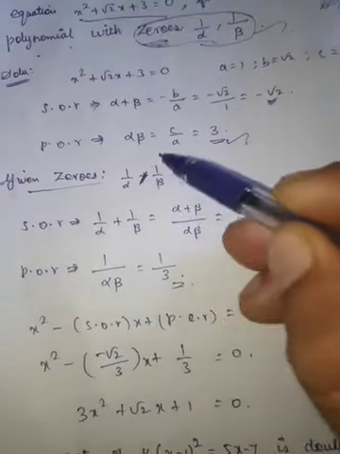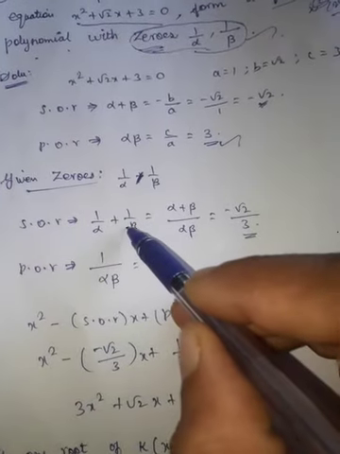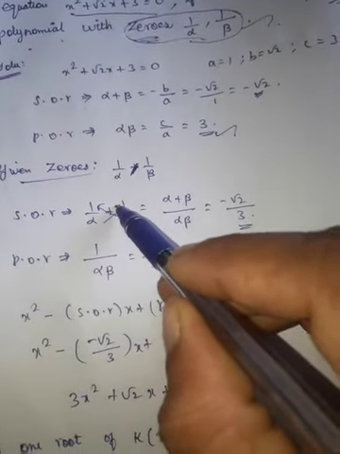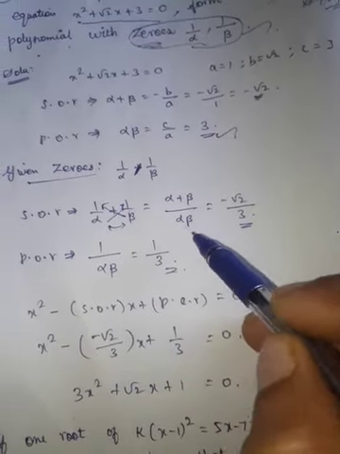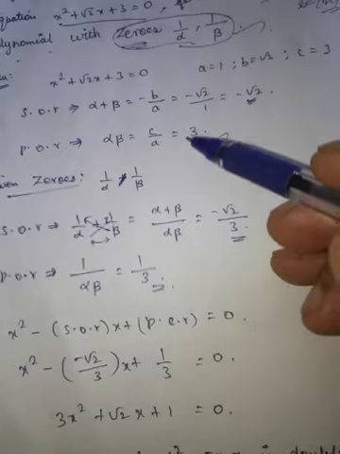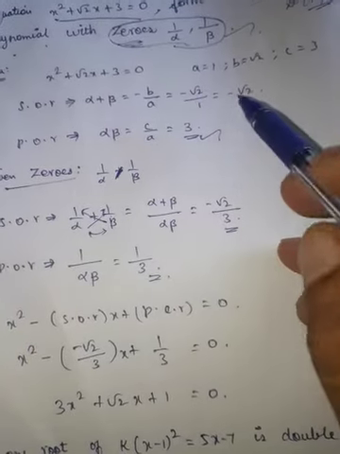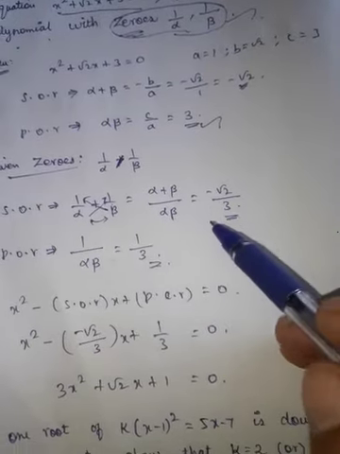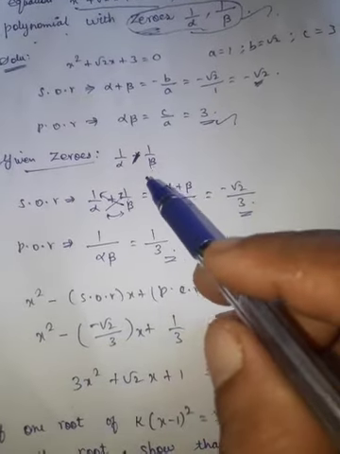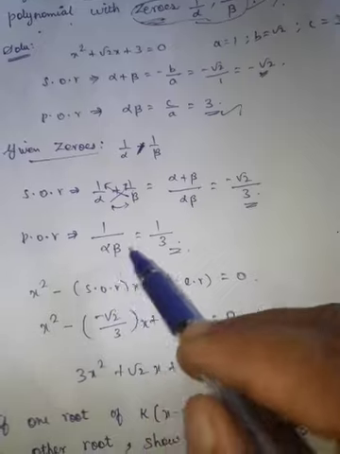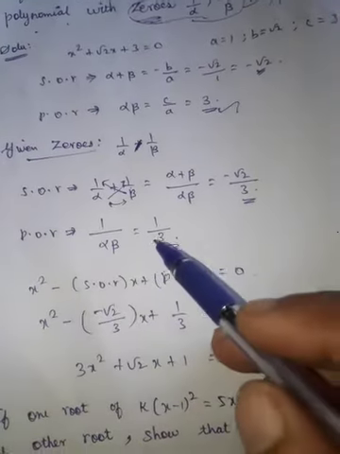By cross multiplication, it is alpha plus beta divided by alpha beta. The alpha plus beta value already found is minus root 2, divided by the alpha beta value 3. Then the product of roots 1 by alpha into 1 by beta equal to 1 by alpha beta, so the alpha beta value here is 3.